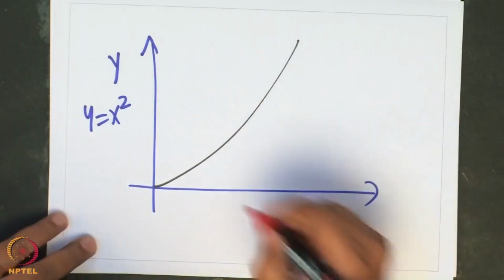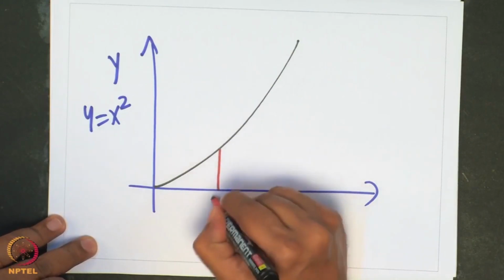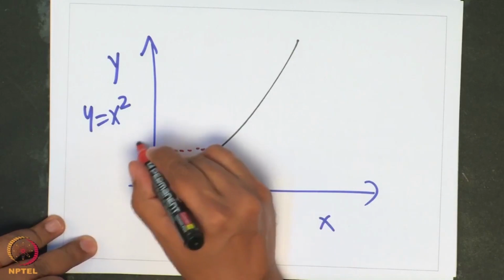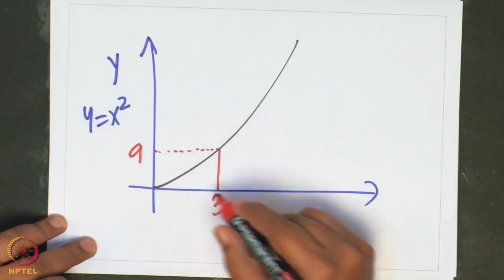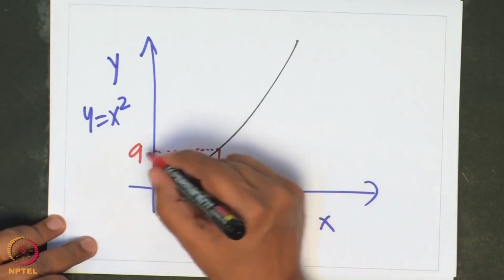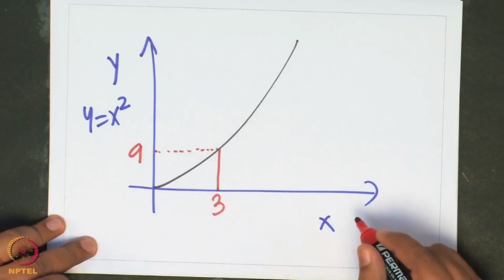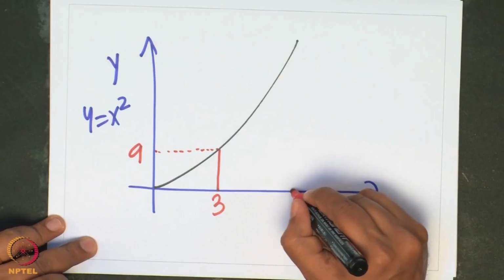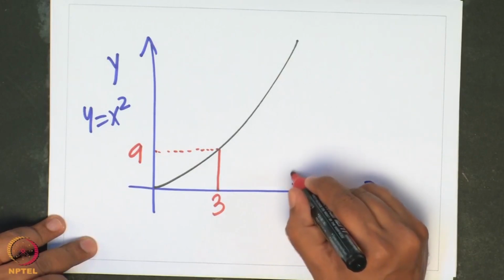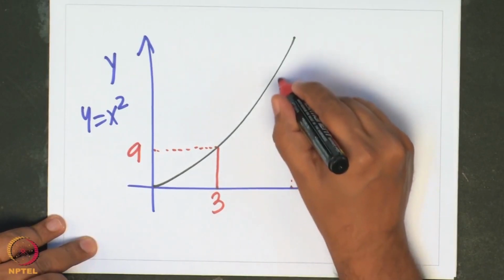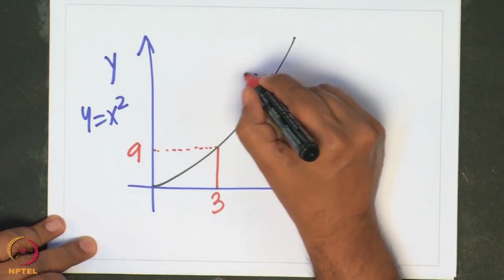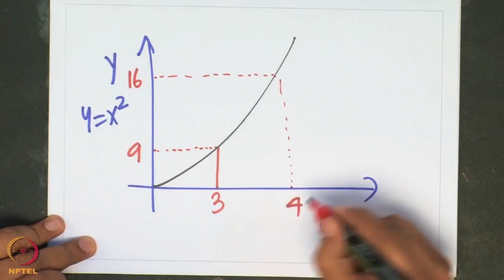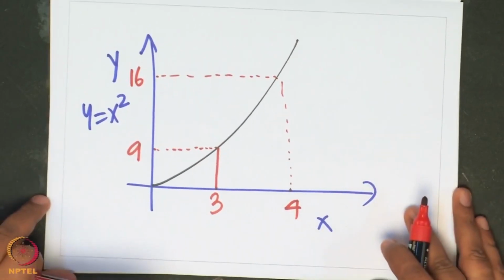Now this is my 3, and the corresponding y value is 9. Y is equal to x square, so 3 square is 9. Now if I take 4, we already know the answer is 16. 4 square is 16.